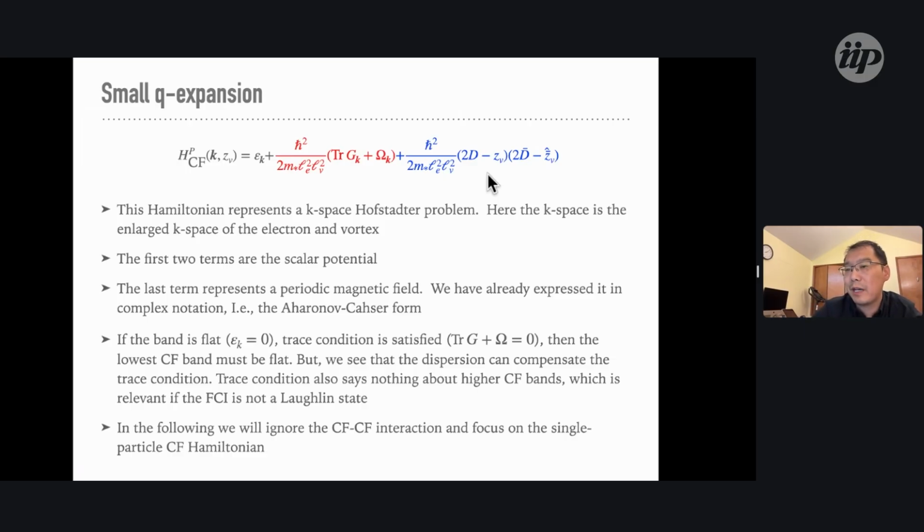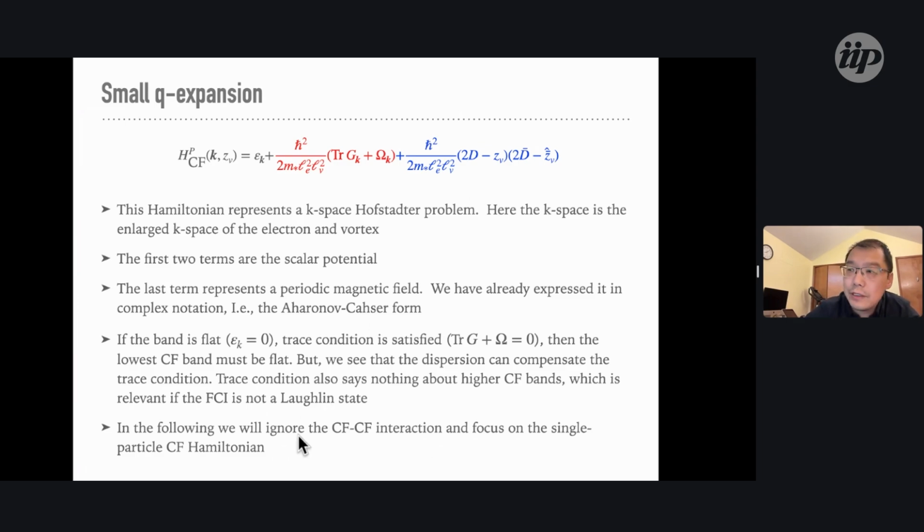So if we are talking about Jain sequence states that are not Laughlin states, say 2/5 or 3/7, in that case we are occupying more than one CF band, and then the trace condition basically has no predictive power there.